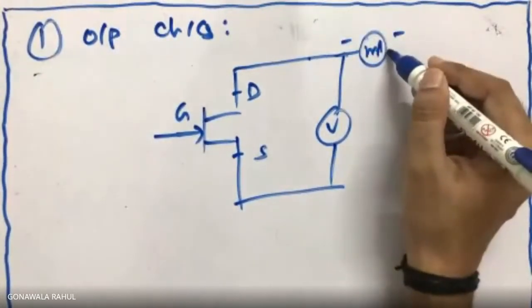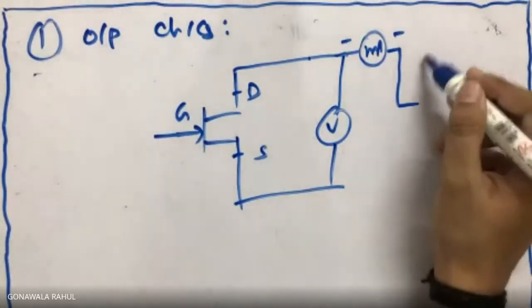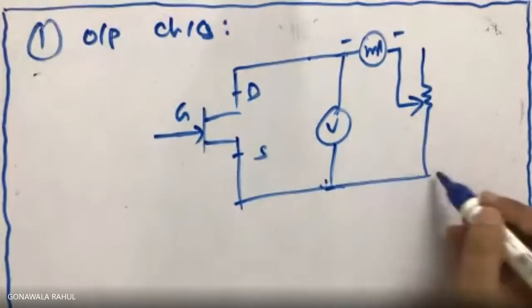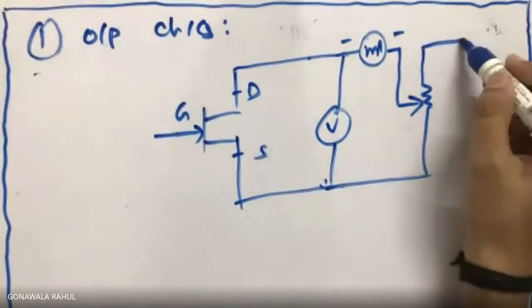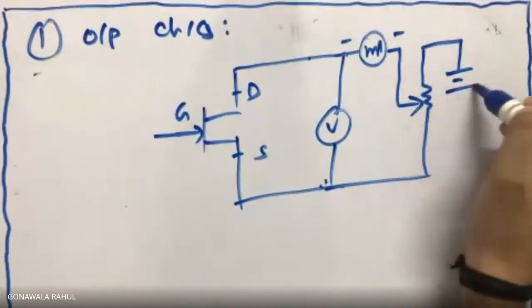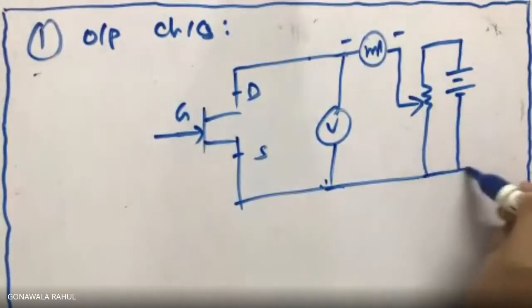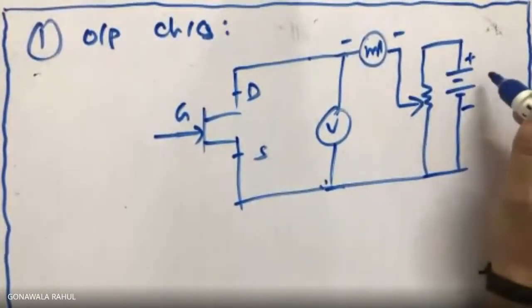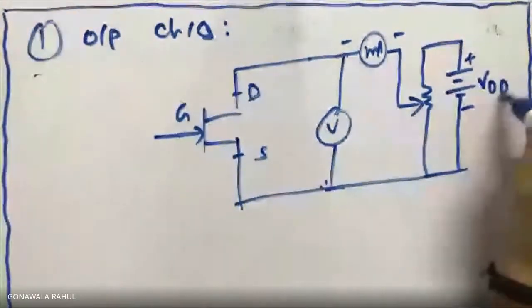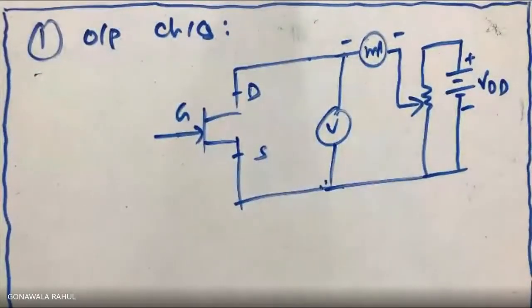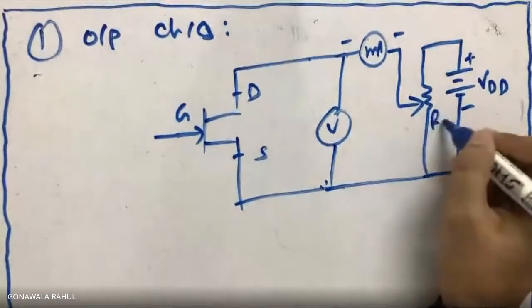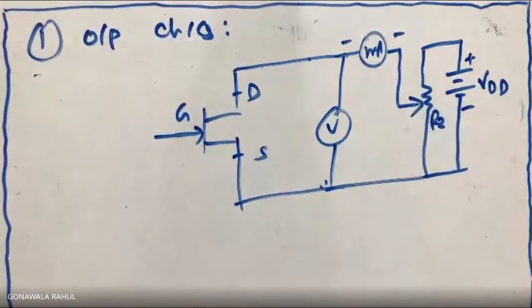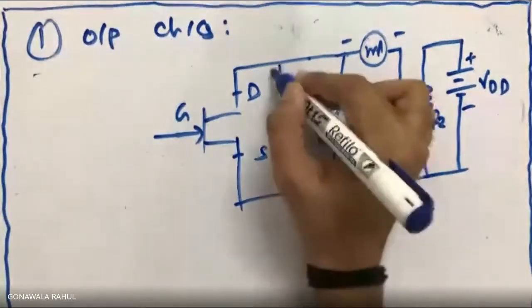An ammeter is connected. Power supply VDD is given, but to make it vary, here we put a potentiometer, a variable resistor, let's say R2, so that it can act as a potentiometer. Here the voltage would be VDS.